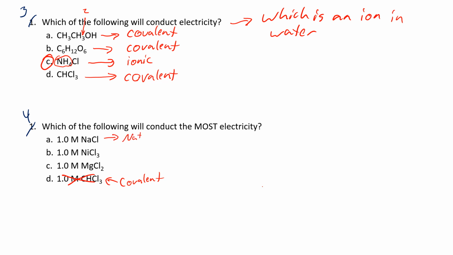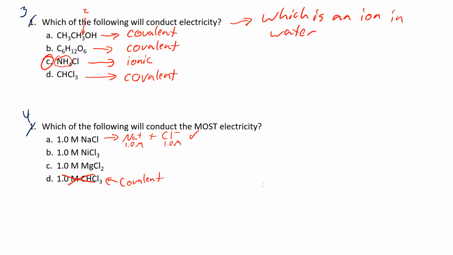It is ionic, so it will conduct electricity. But more importantly, it's also soluble. So when you have 1 molar NaCl, it'll produce 1 molar Na and 1 molar Cl. Okay? Soluble, it will actually conduct electricity very, very well.